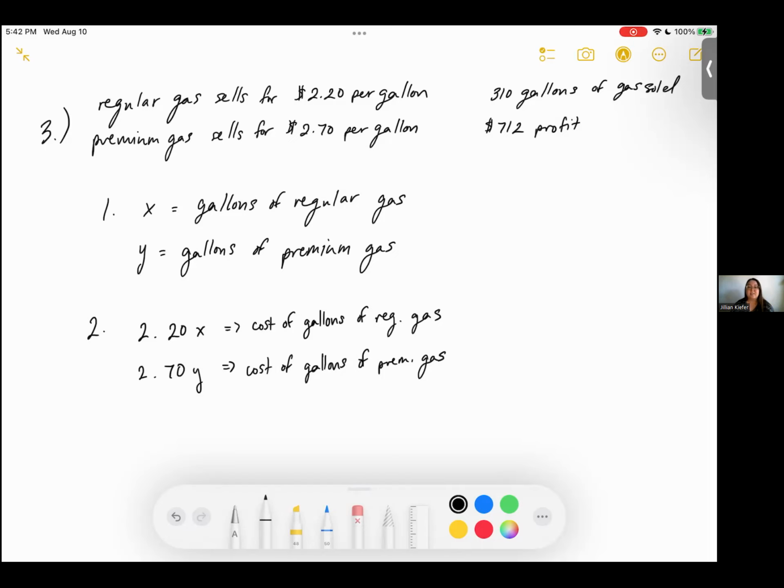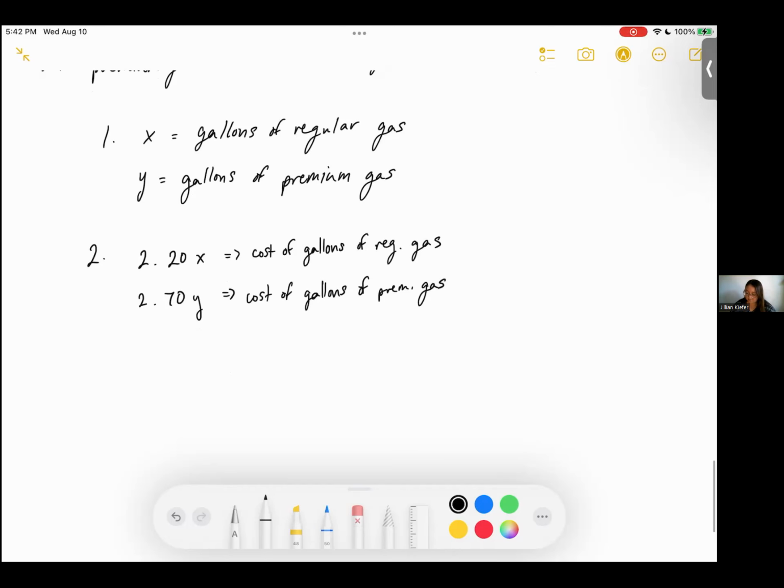So if X is the gallons of regular gas and Y is the gallons of premium gas, that means that adding those together would give us a total of 310 gallons of gas. So one equation that we have here should be X plus Y is equal to 310. That's one of our equations.